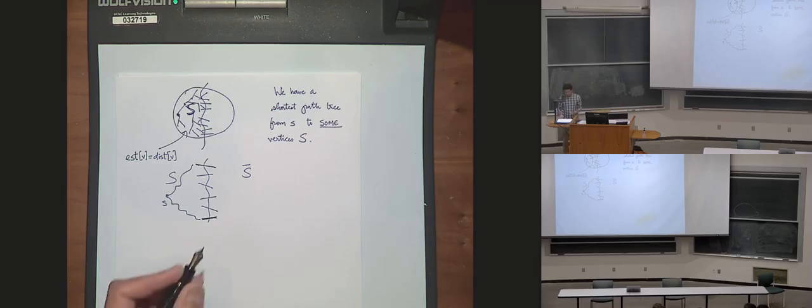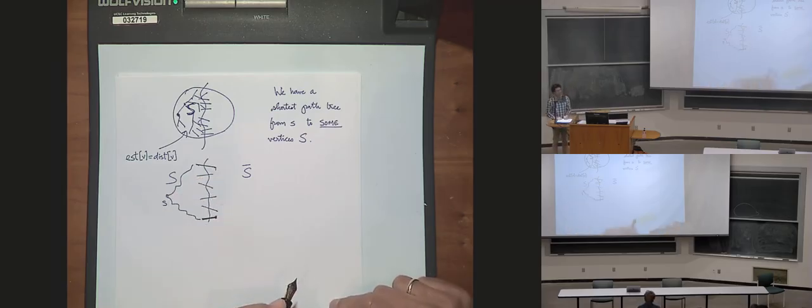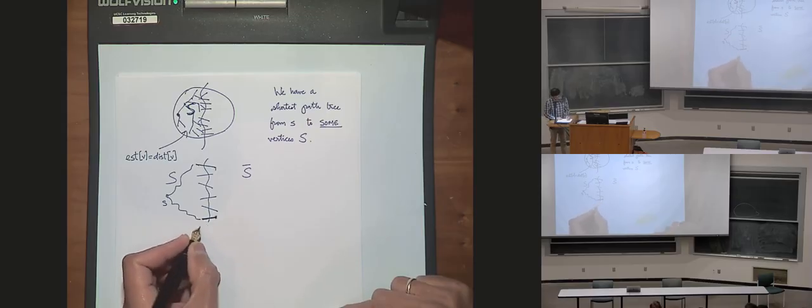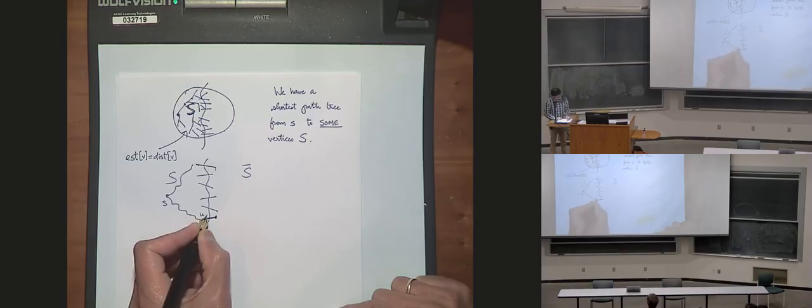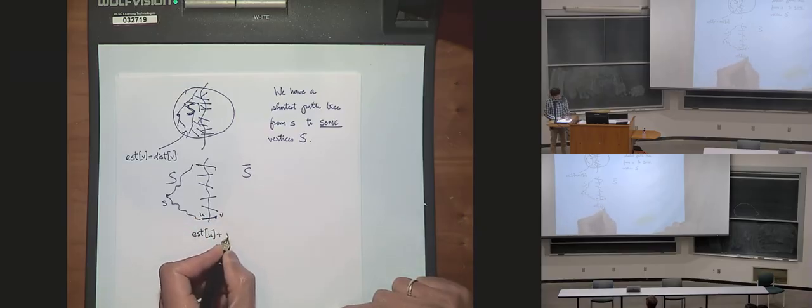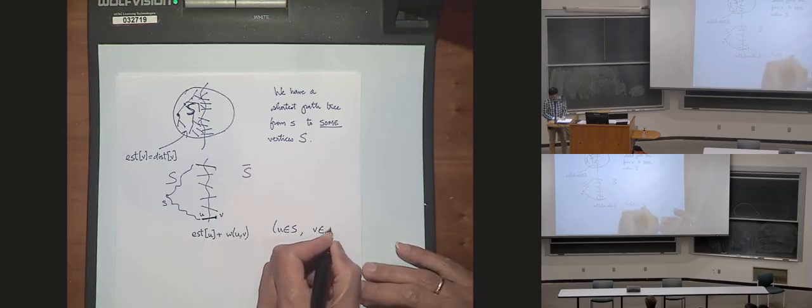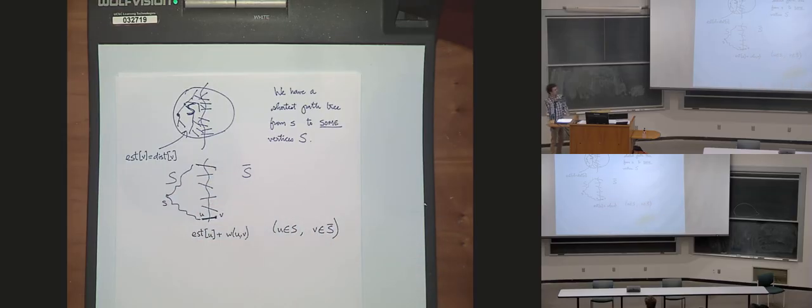So the natural quantity seems to be, if you look at this edge UV, you look at S of U plus the weight of UV, where U is in S, V is in S bar, like S complement, like the rest of the world.